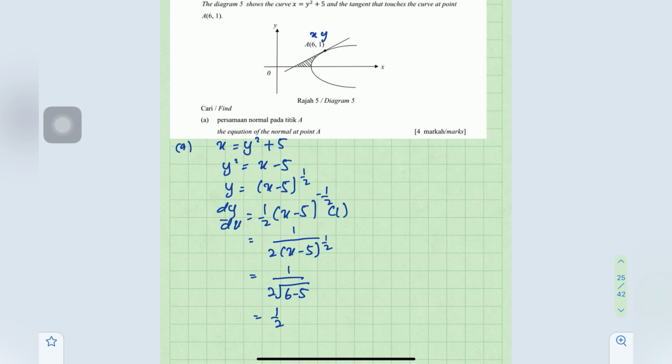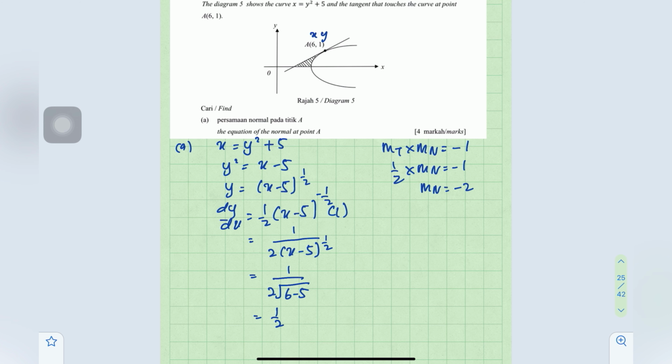Okay, so this is gradient of tangent. To find gradient of normal, we use M1 M2 equals -1. So gradient of tangent times gradient of normal equals to -1. Tangent is 1/2, so gradient of normal equals to -2.